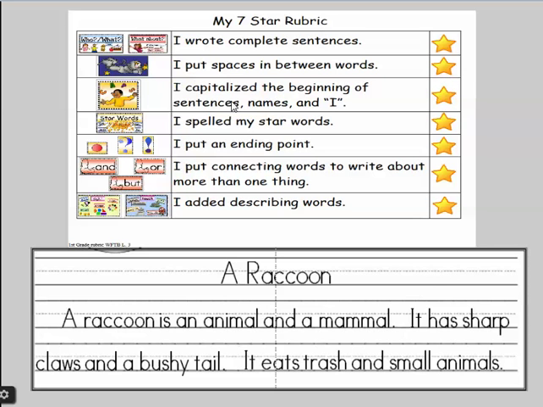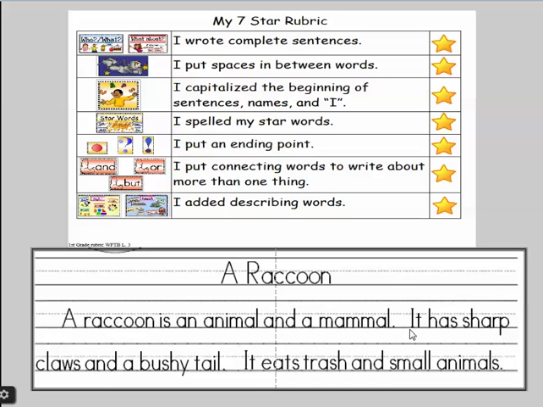I capitalized the beginning of sentences, names, and I. I capitalized the beginning of the sentence here, here, and here. So that one is correct. I could check that one off. I spelled my star words. I spelled everything.